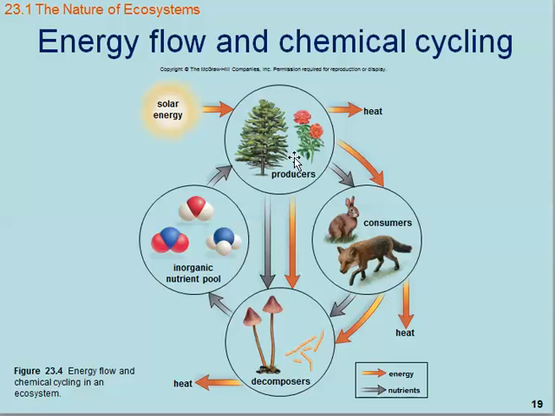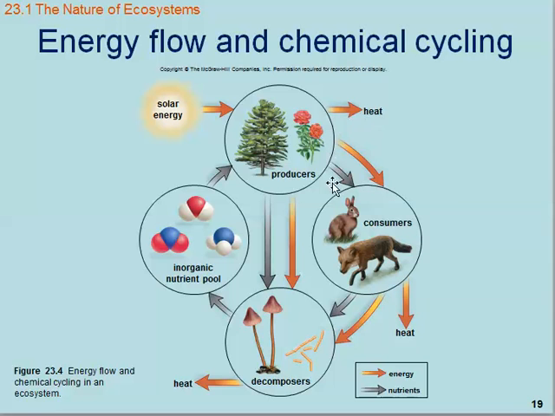Living things need a source of energy in order to reproduce, to grow, to repair, to carry out all life processes. So some of that energy the producers use for themselves, some of it is left over and is passed on to the consumers, but notice that also some of it is lost as heat.